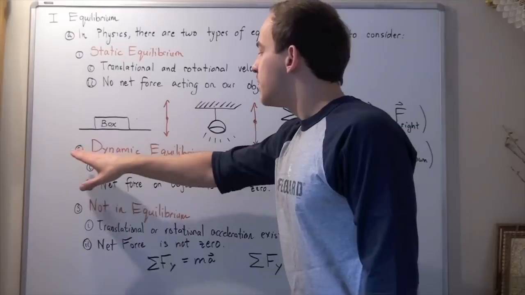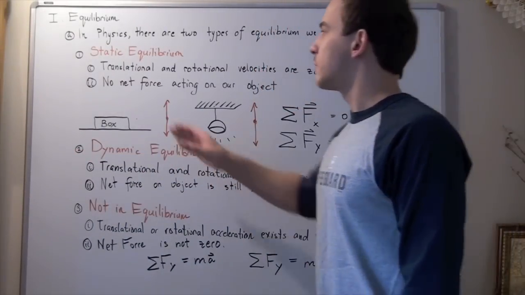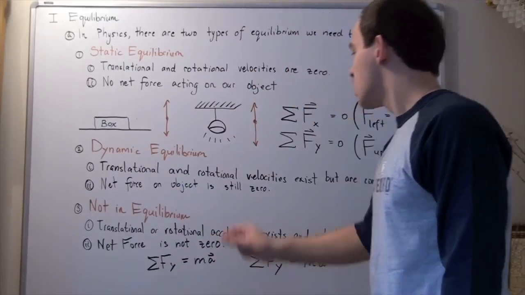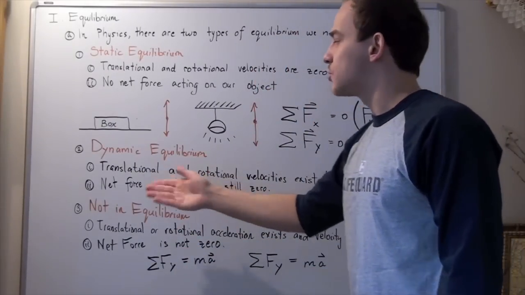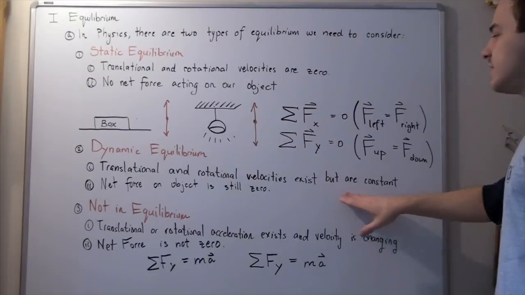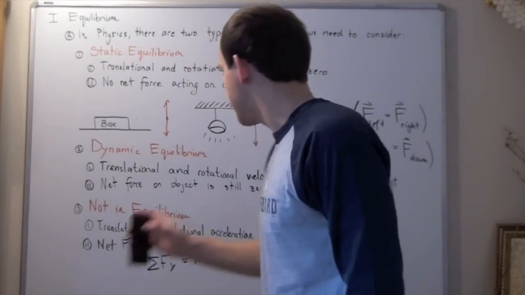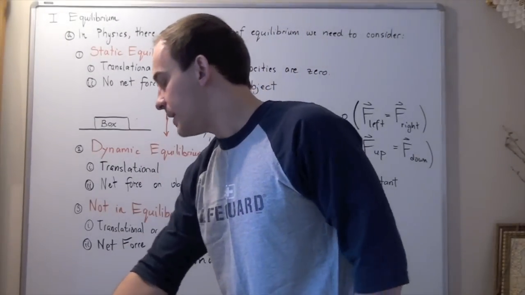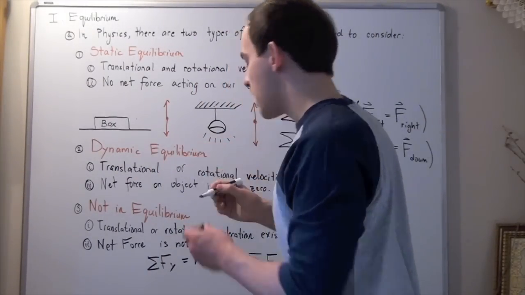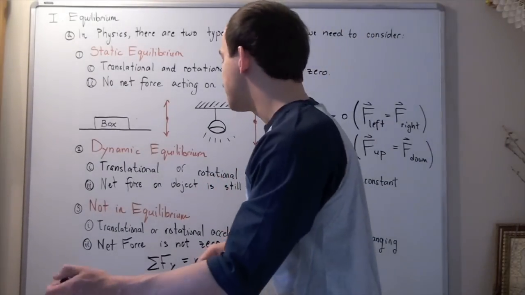But this dynamic equilibrium differs from static equilibrium in the following way. Translational or rotational velocities exist, but these are constant. So let me change this to an or, because if one of them is zero but the other one is not zero, our object is still in dynamic equilibrium.